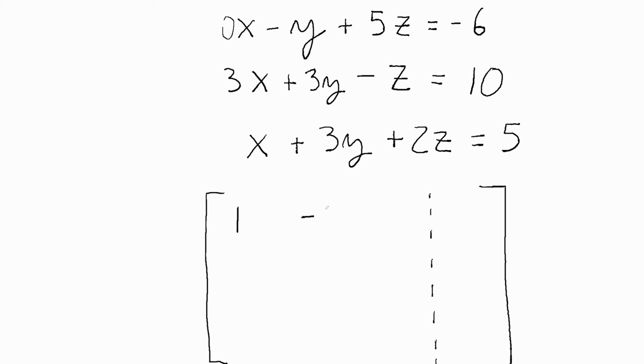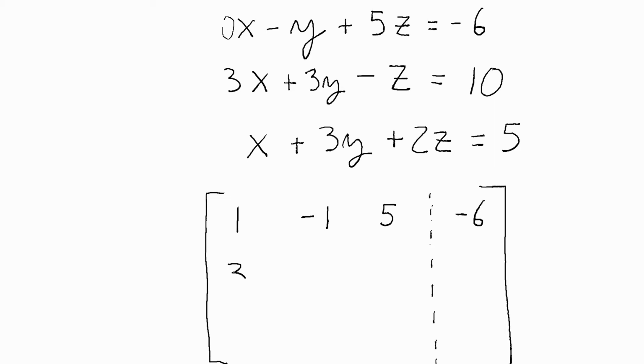I'll put a -1, 5, -6. The dotted line here is to remind us that that's where the equal sign is. So this first row of this augmented matrix is the fact that there's an equation involving x, y, and z in this case. It's 1x minus 1 times y plus 5 times z is equal to -6.